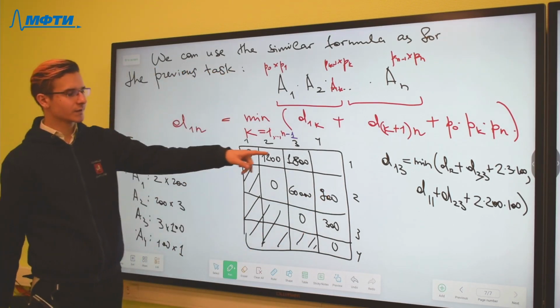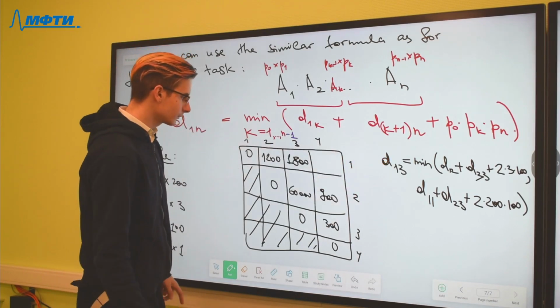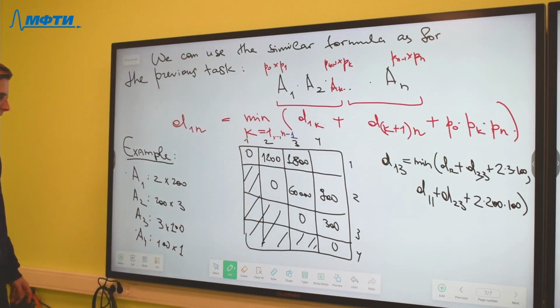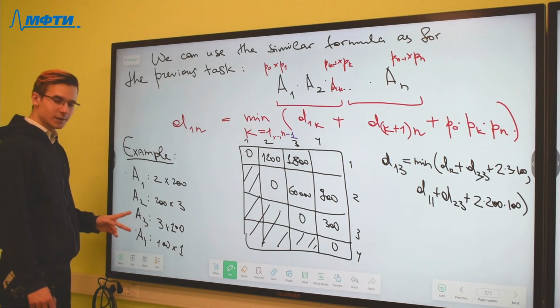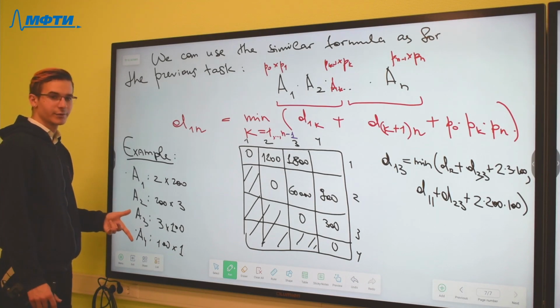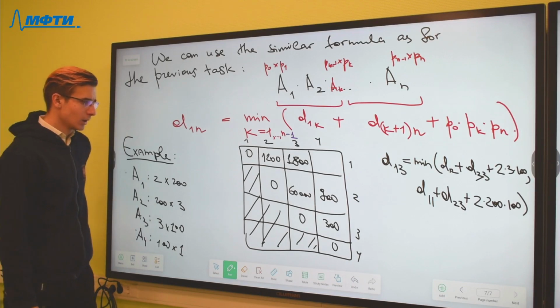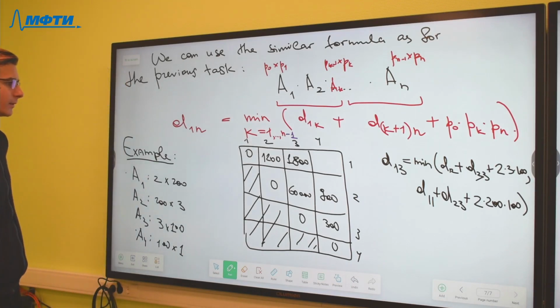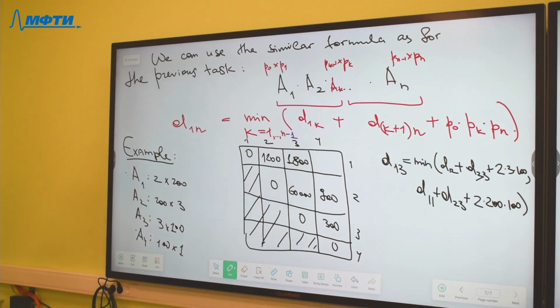As in this minimization, I say that the minimum way is to multiply firstly these two matrices and then multiply the answer for this multiplication and A2. And then for this element of our multiplication, we need to compare 3 numbers.